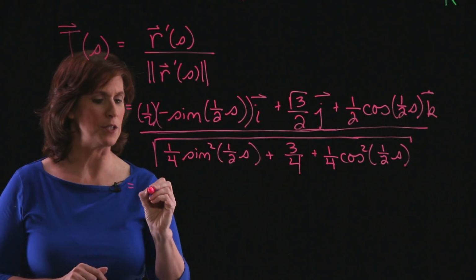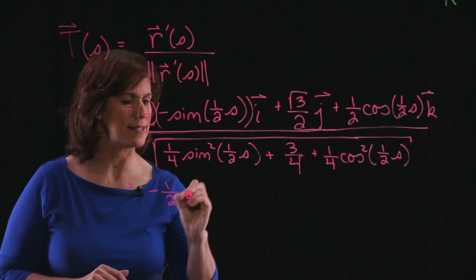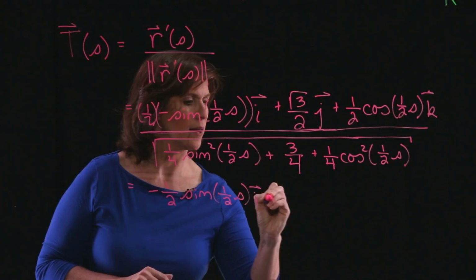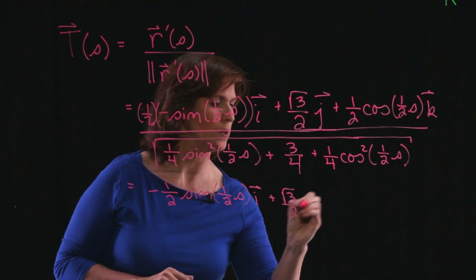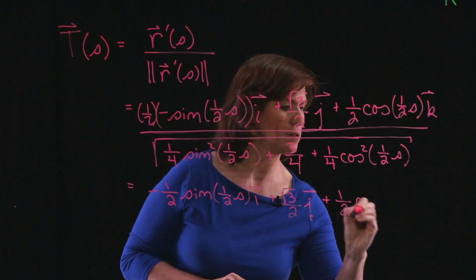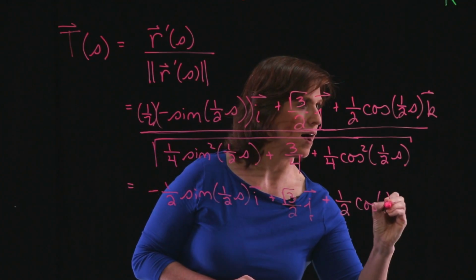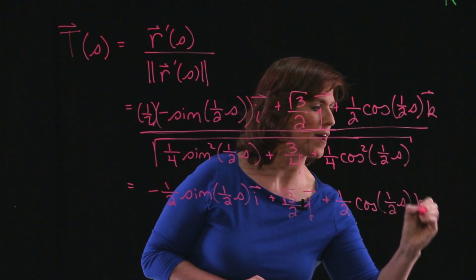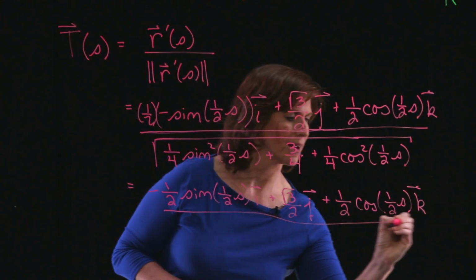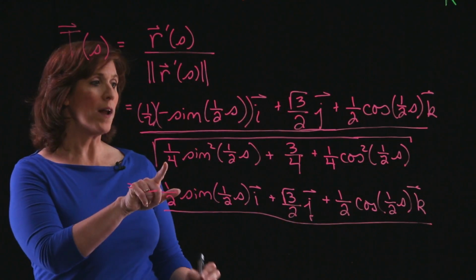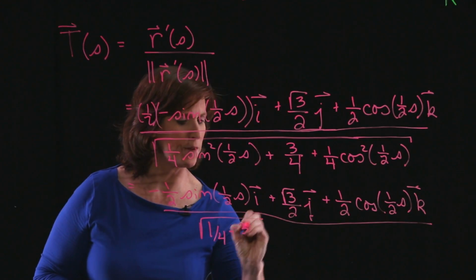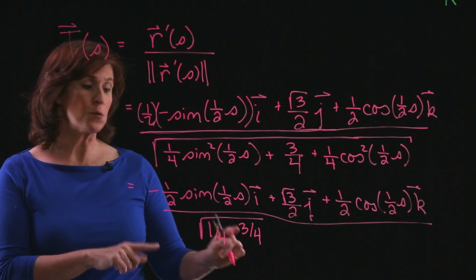So the whole thing can be reduced to minus 1/2 sine of 1/2 s times my vector i, plus square root of 3 over 2 times my vector j, plus 1/2 cosine of 1/2 s times my vector k, all over the square root of 1/4 plus 3/4. 1/4 plus 3/4 is just 1.